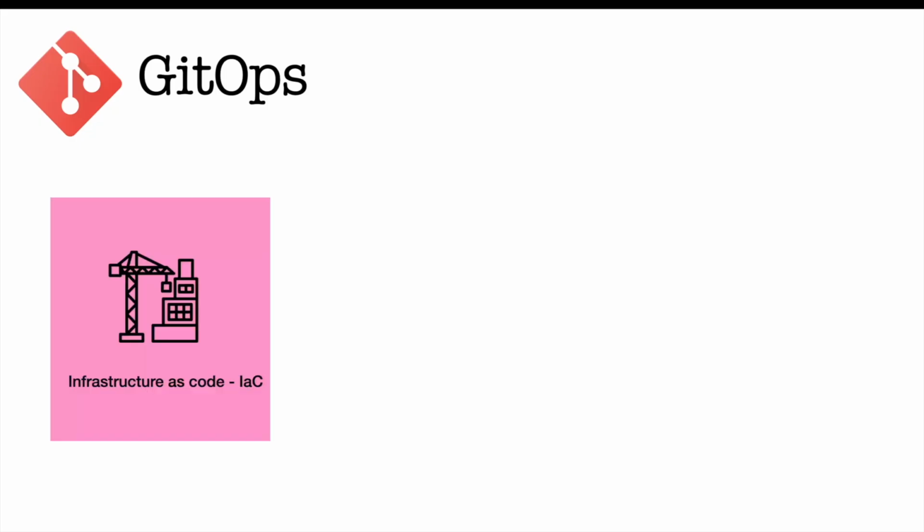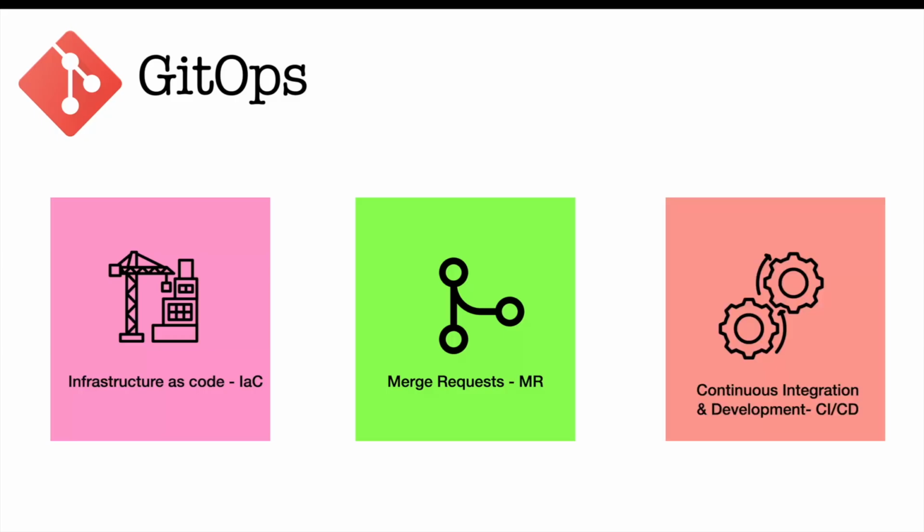The principles of GitOps mainly comprise three major components, which are infrastructure as code, followed by merge requests, and a continuous integration and delivery pipeline. Your infrastructure that you are provisioning to run your workloads should have the capability of being created, destroyed, or recreated as and when needed with a proper version controlled mechanism.